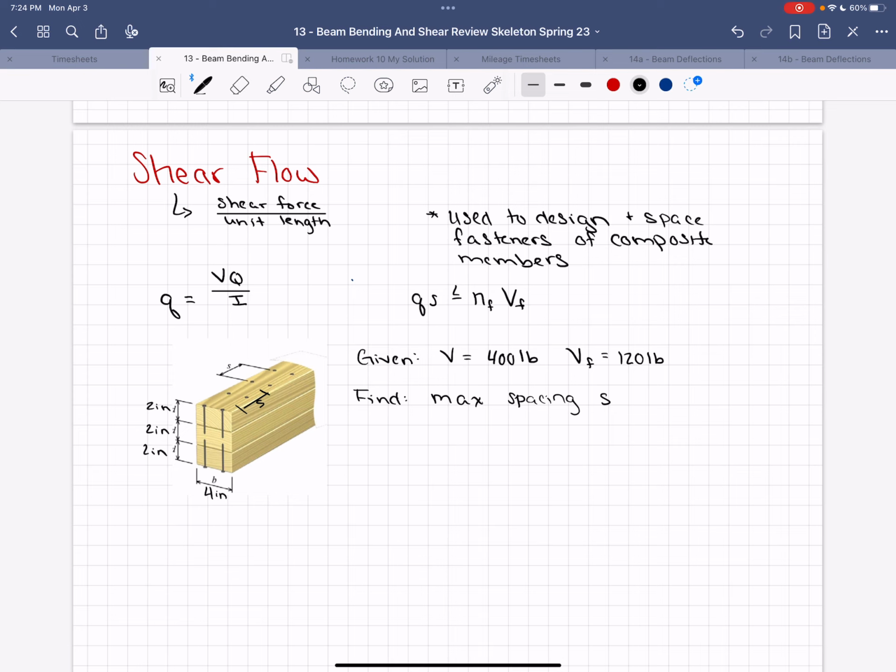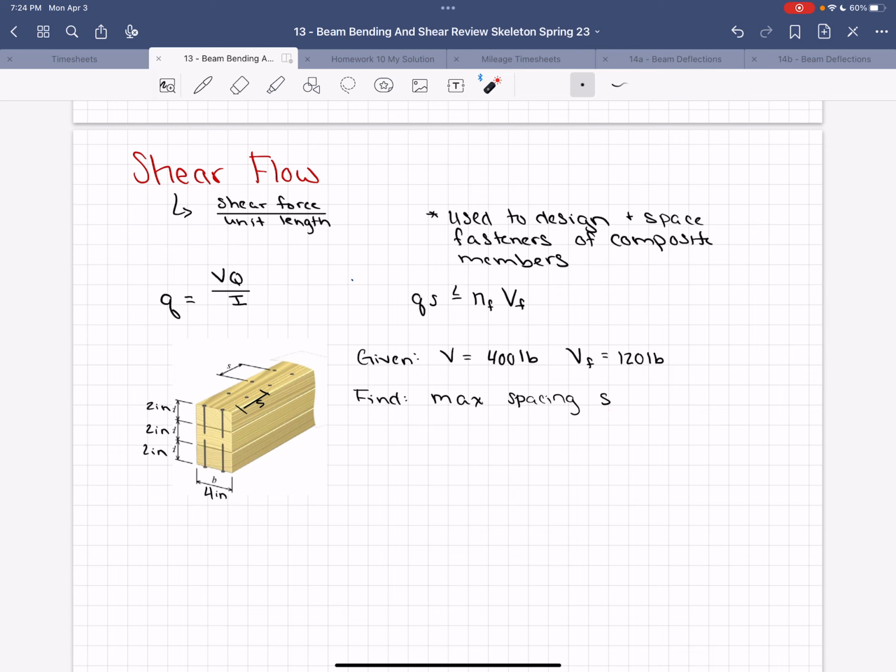And VF, which is the shear force of the bolt. For this example, we're given that the shear force in the beam is 400 pounds, and the shear force that the bolt is able to withstand is 120 pounds, and we're supposed to find the max spacing.